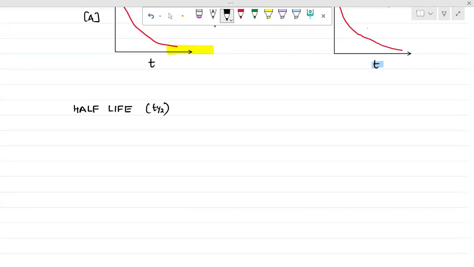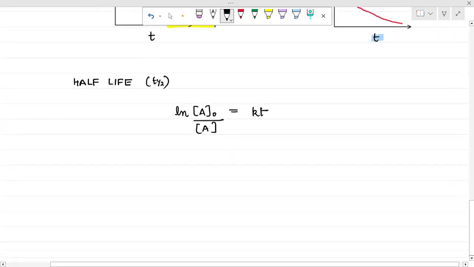Correct? Which means if it was initially A naught, it will become A naught by 2. It is reduced to 50%. Correct. So our equation number 3 is initial concentration, natural log divided by A is equal to KT.